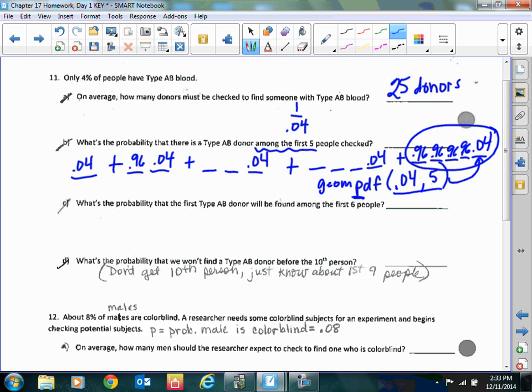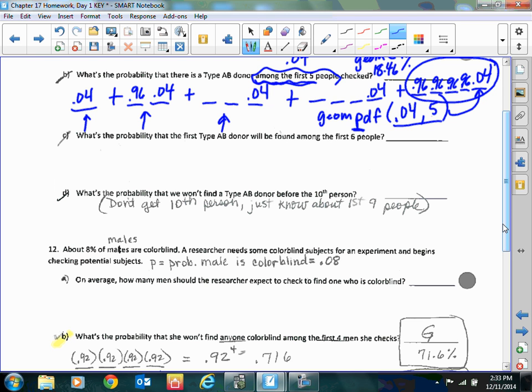Cumulative is what says, I want to see 0.04 in the first spot, or in the second spot, or in the third, or in the fourth, or in the fifth. So that will accumulate, and that's what this is doing, because it can be anywhere amongst the first 5. So therefore, this is a geometric CDF, anywhere amongst the first 5. And I don't know what that number is. What is it? 18.46%. Okay. Now here, with this, is the identical thing.